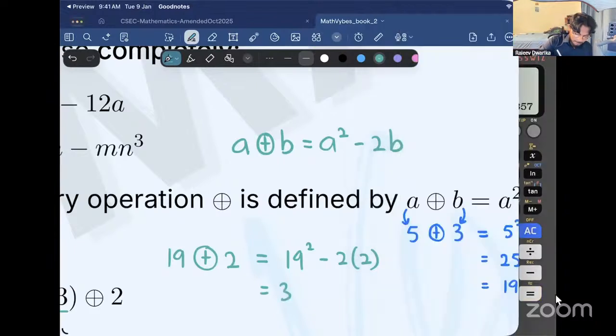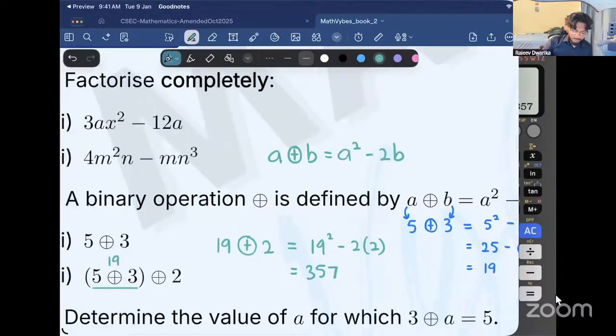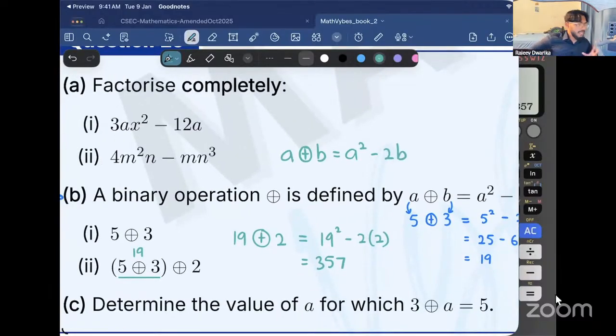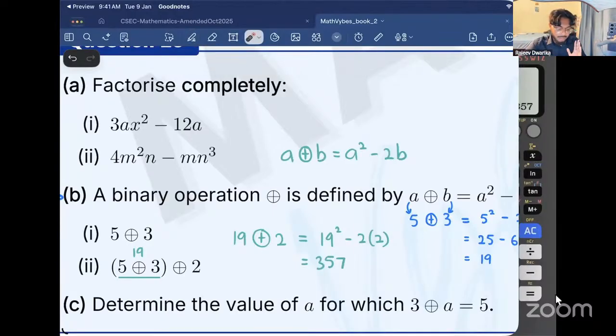And that's the answer. Every question will be different, but the point is, instead of a and b, you'll have numbers, and you'll just replace them in the expression. So you substitute and you get your answer.